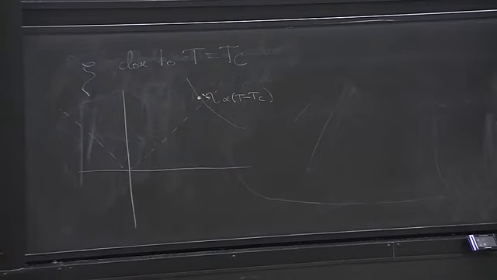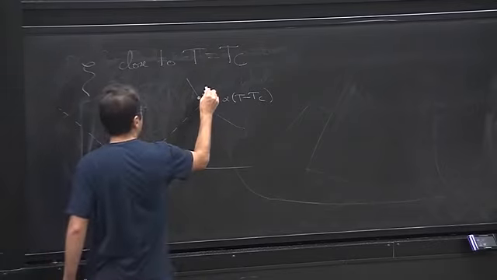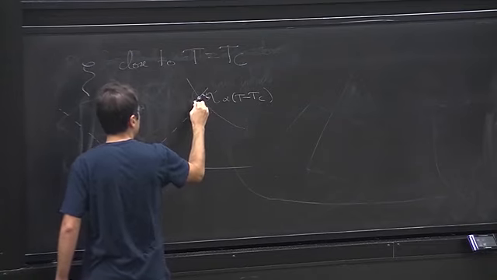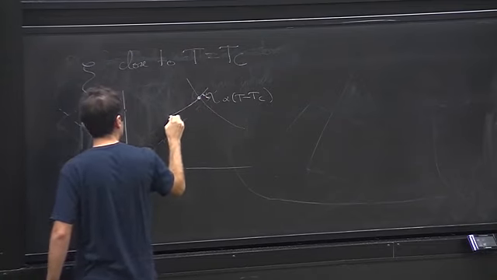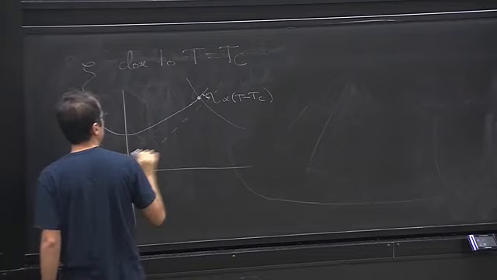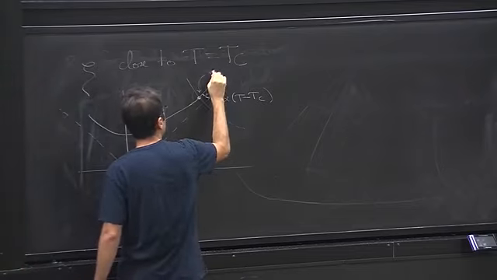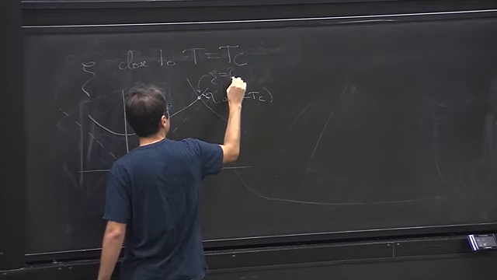So I separate a little bit from the critical temperature. Linearly, to first approximation, I am some distance away which is proportional to the deviation from the critical temperature. And then I want to ask, what's the correlation length?